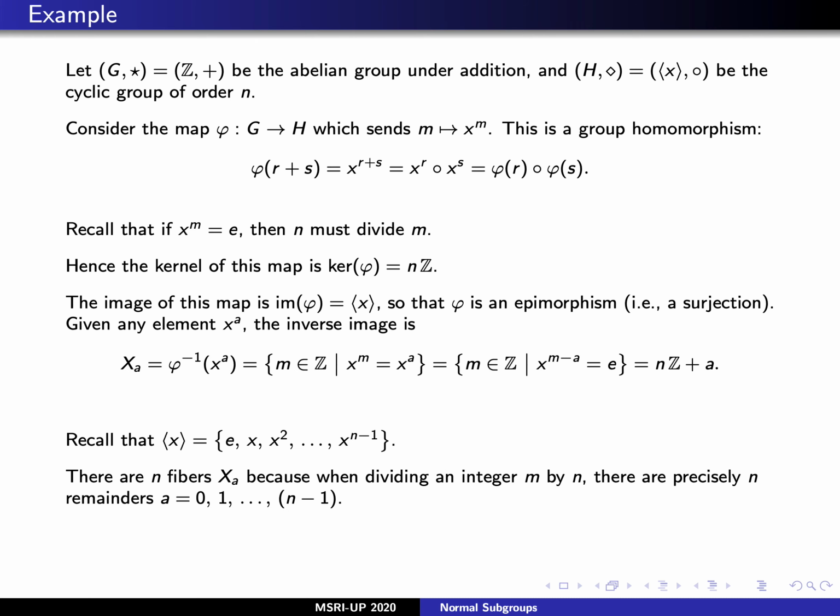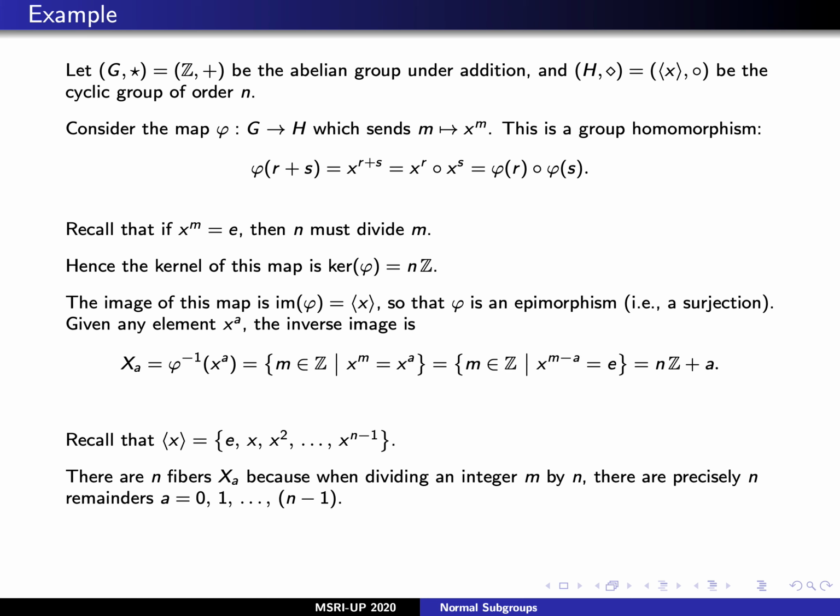Now remember that our cyclic group consists of simply n powers of x, namely 1, x, x squared, and so forth, all the way up through x to the n minus 1. Since there are n fibers corresponding to these x to the a's, as a ranges from 0, 1 through n minus 1, what we're really doing with the fibers is considering the remainders after dividing by n. Again, these remainders are these powers a equals 0, 1, and so on through n minus 1.